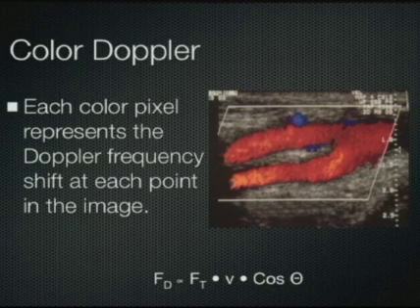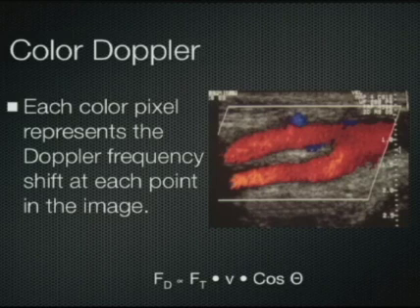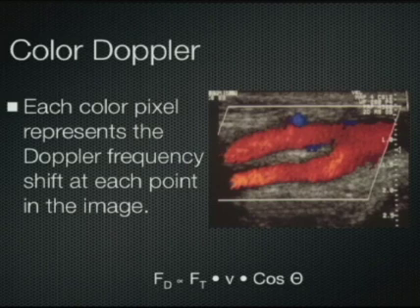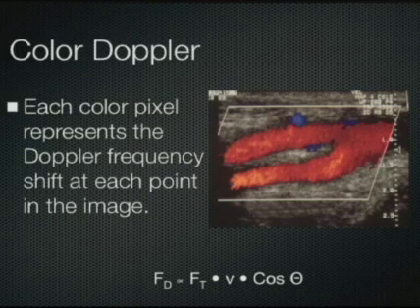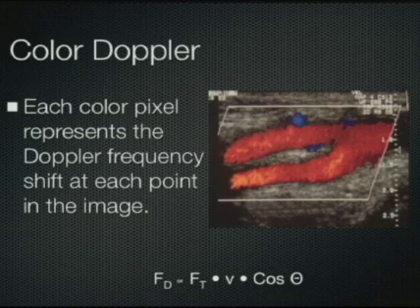And as we'll review in a moment, the Doppler frequency shift at any given point is determined by a number of important variables, and the color in which it is displayed in the image is determined by an equally complicated number of issues and variables. So the important point to remember is that when you look at a color Doppler image, you're simply looking at a map of the Doppler frequency shift at each point in the image.